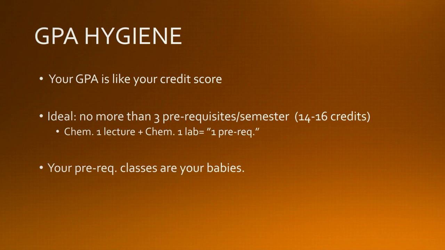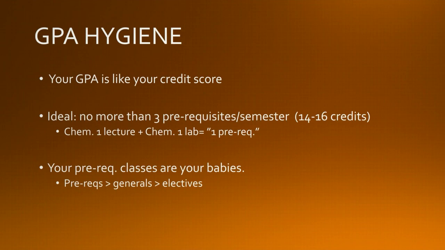Now, also considering this, you have to figure out how to manage your time with your classes. In general, your prereqs are your babies. You take care of them and protect them, guard them with your life. And those grades are the ones that, non-negotiables, you need to get an A or a B. Your general classes, obviously, these affect your cumulative GPA, but they aren't going to impact your prereq GPA.